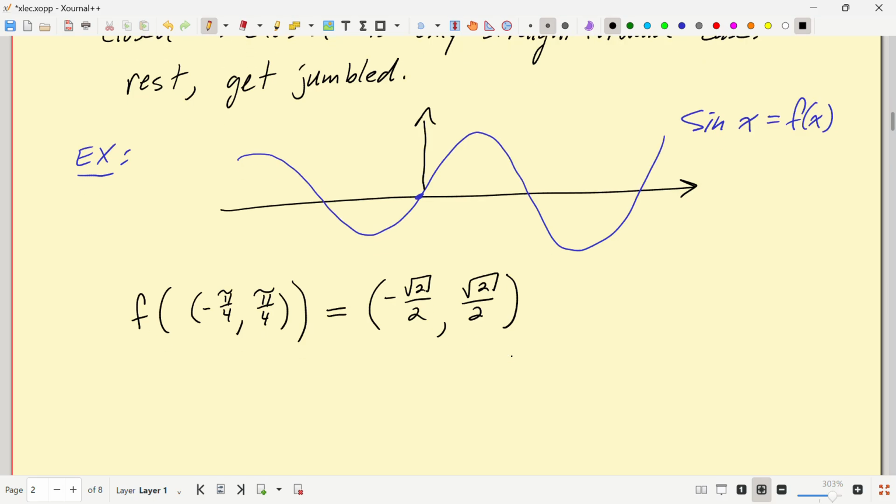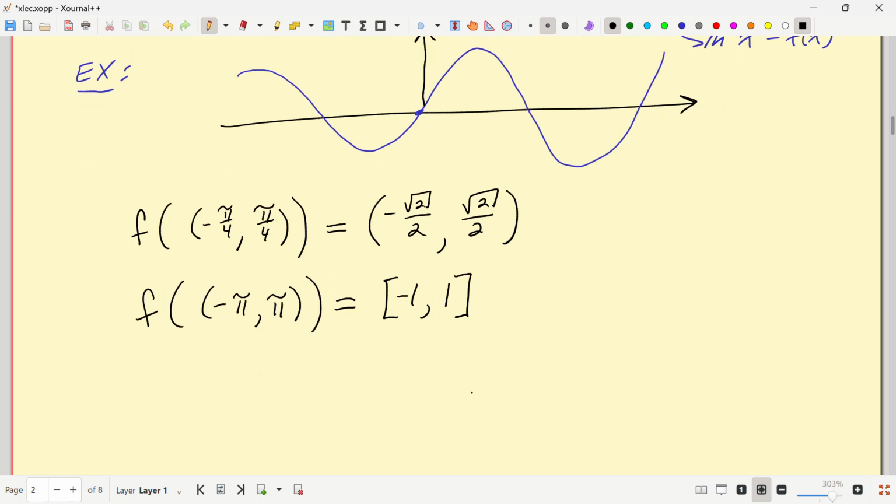But if I take it going from minus 2 pi to plus 2 pi, or how about minus pi to plus pi? That would be even easier. That would fill out minus 1 to 1. So there's an open interval getting mapped to a closed interval because of the maxes and the mins, and they're attained in there.